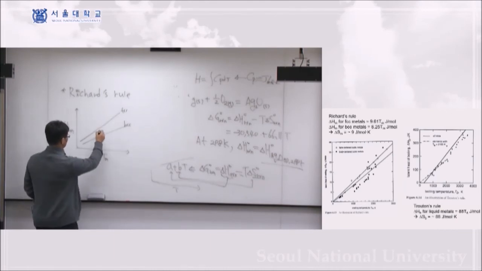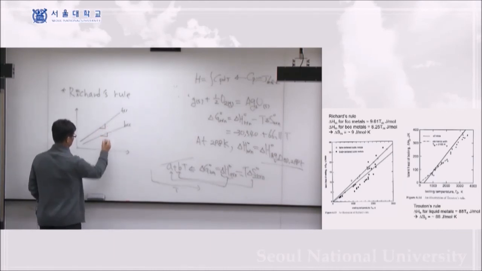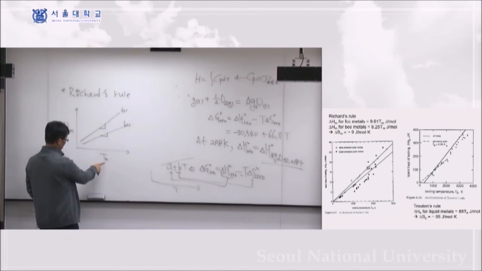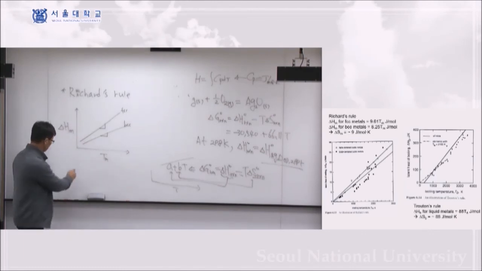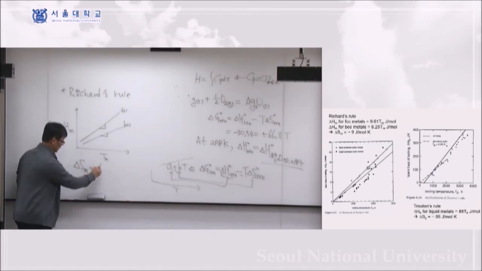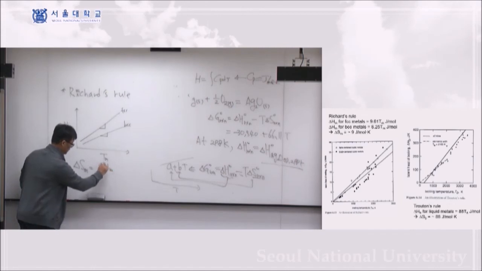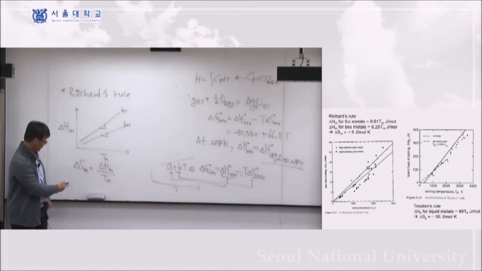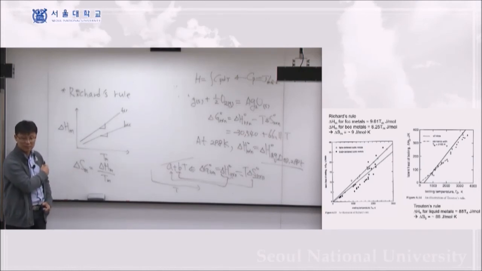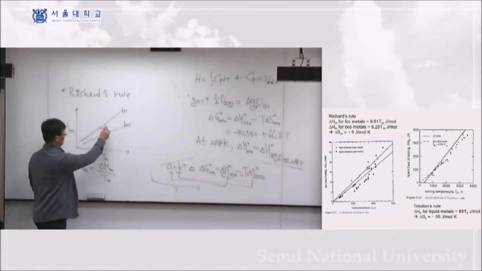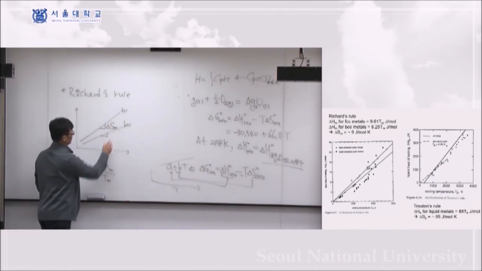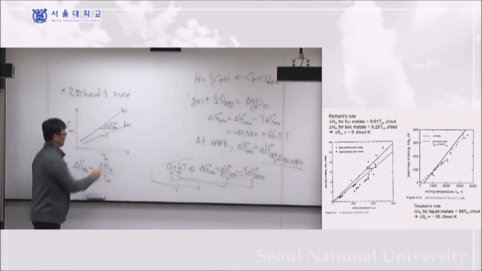And when you look at this slope and this slope, Tm and enthalpy of melting and the melting temperature, delta S of melting equals delta H of melting divided by the melting temperature. So this slope is basically delta S of melting. So this is delta S of the melting of the metallic material.